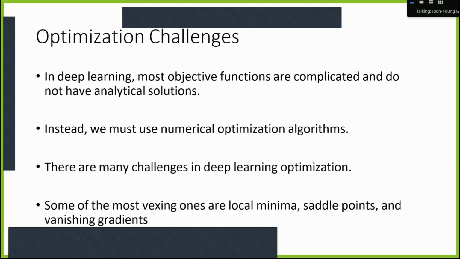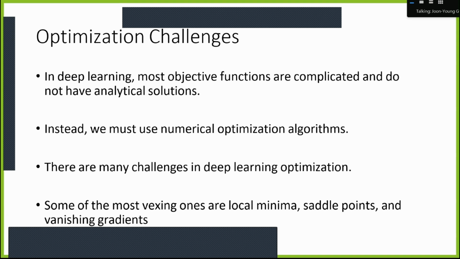So some of the known difficulties in optimization are vanishing gradients, which we discussed, and also the loss function landscape. Our main goal is to find the global minima, but most of the time we may converge to some good local minima, and sometimes we would be stuck in suboptimal local minima.